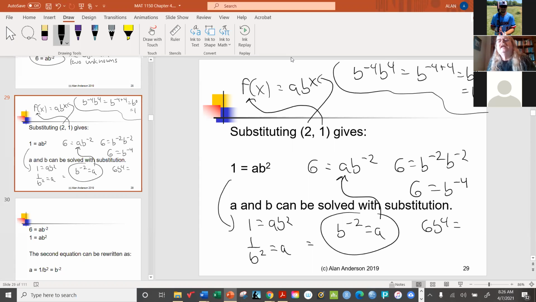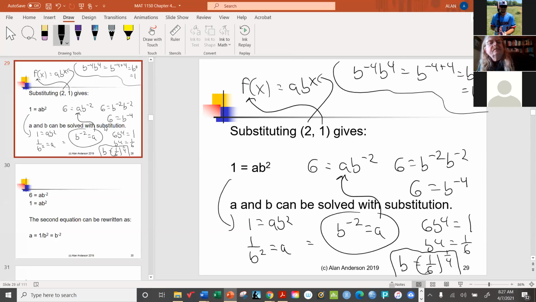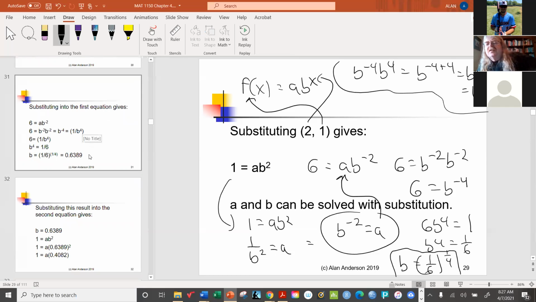And here, when we add them, we get b to the 0 power, which is 1. And so what this is telling me is that b to the 4th is equal to 1/6. And then finally, b equals 1/6 to the 1/4 power. Kind of awkward, but that's what it's equal to. And that number itself, as we see in the next slide, is approximately equal to 0.6389.